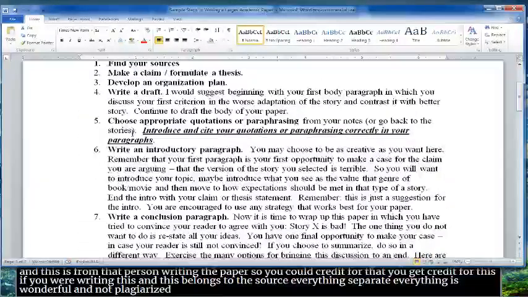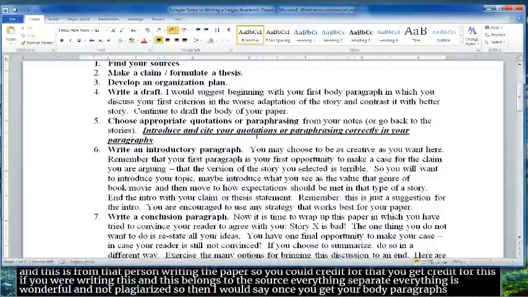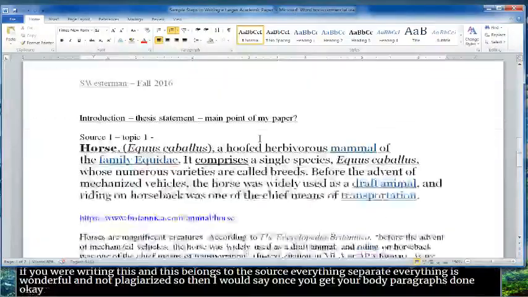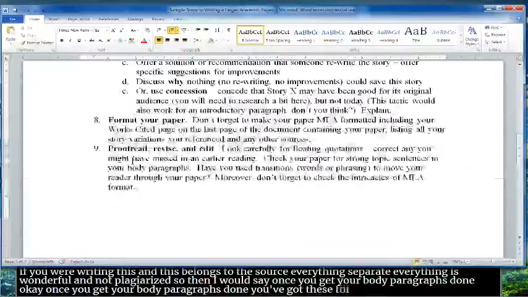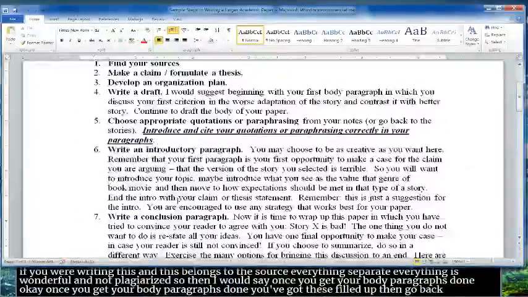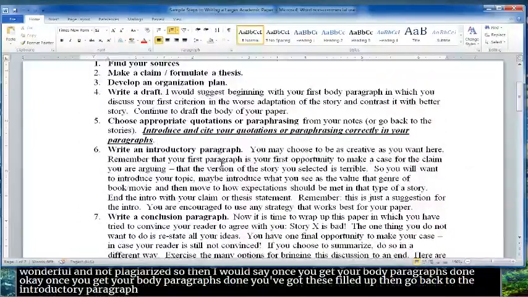So then I would say once you get your body paragraphs done, okay? Once you get your body paragraphs done, you've got these filled up, then go back to the introductory paragraph, okay? And you may choose to be very creative here, depending on the constraints of your teacher.